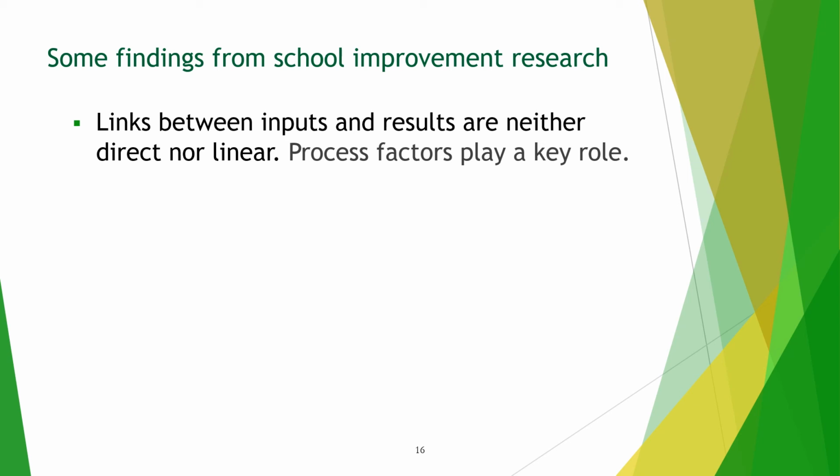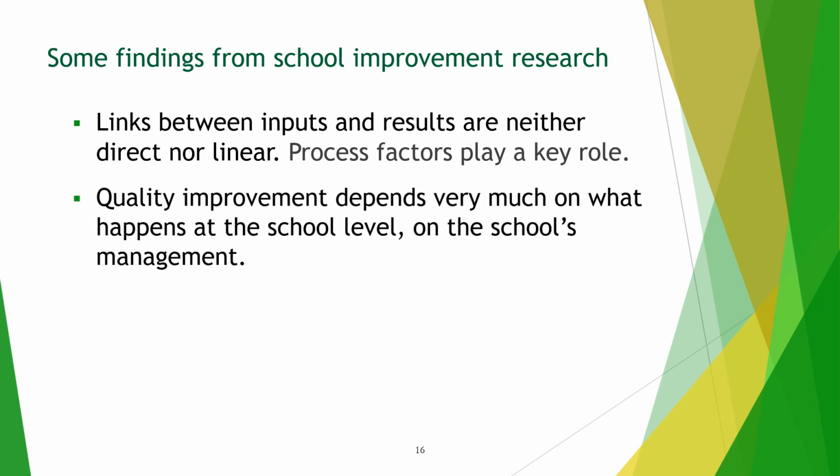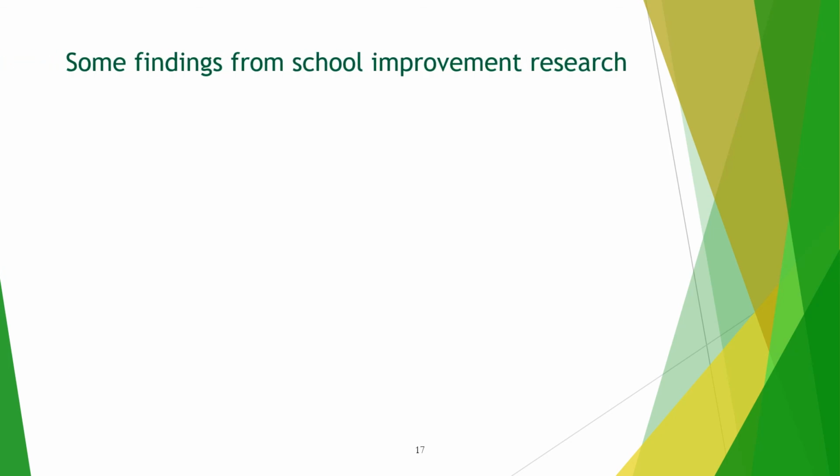It is not a direct relationship, neither is it a linear one. We have schools that have largely the same set of inputs and nevertheless achieve different results, and that is because these process factors play such a key role. Quality improvement depends very much on what happens at the school level, on the management of the school.